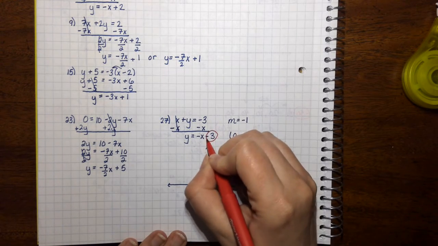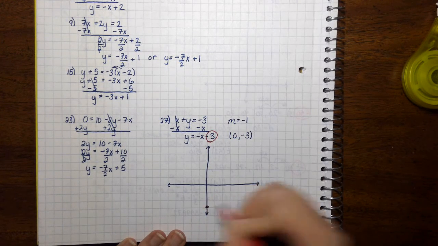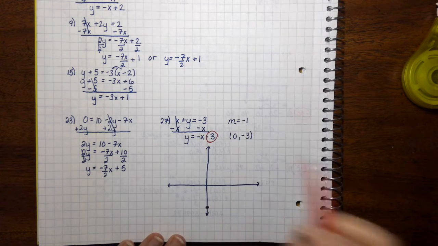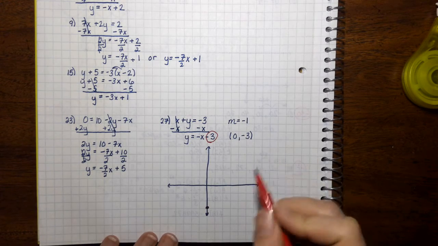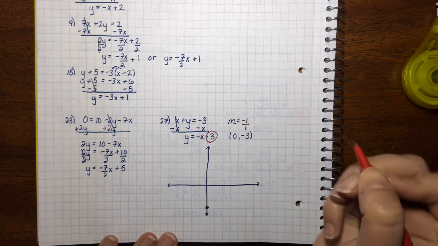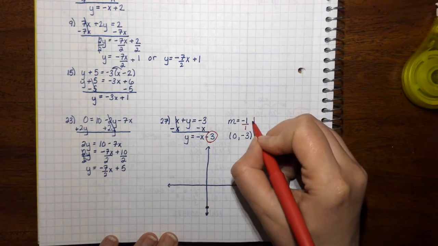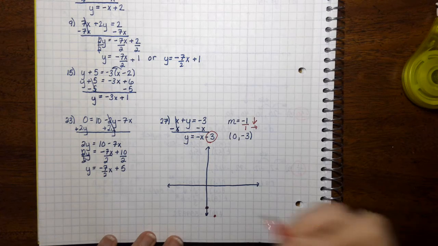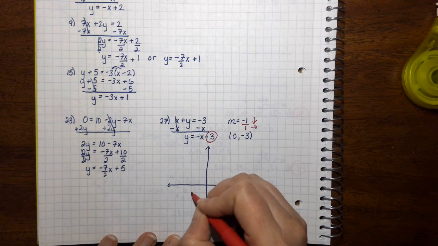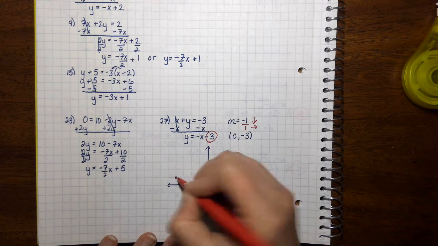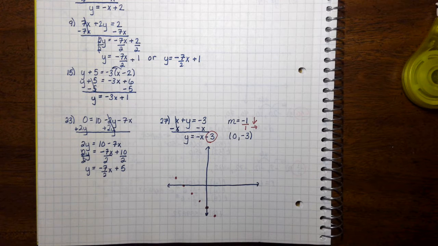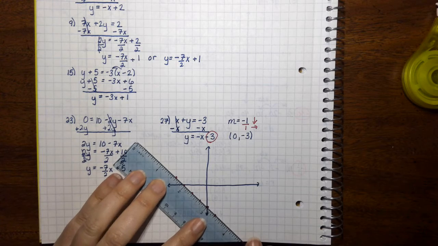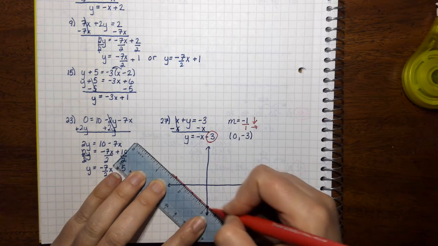So this is down 3 here. And then you have a slope of negative 1. And remember, when it's a constant, we put it over 1. And this will be down 1, right 1. And then what we do is we backtrack to cover the graph. And then graph our line.